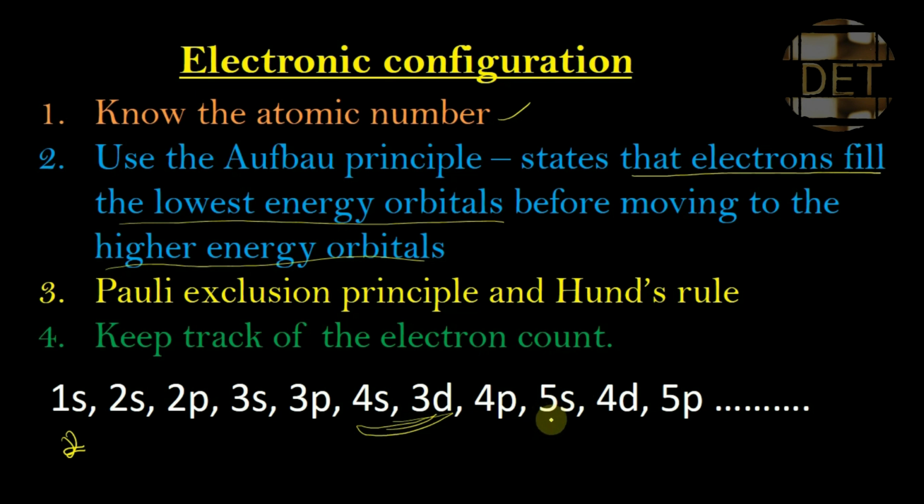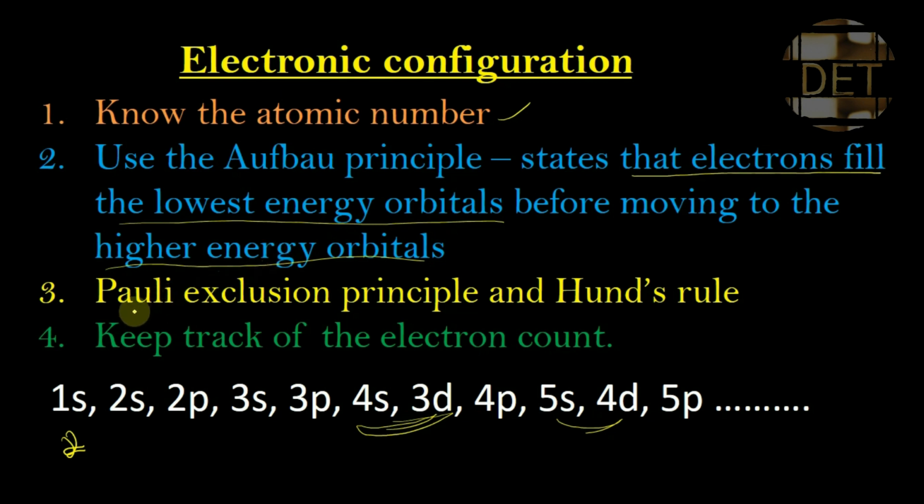Your 5s will come before your 4d. So note the transition here as well. So this is the Aufbau principle of filling electrons. The idea here is that electrons fill the lowest energy orbital before moving to higher energy orbital.